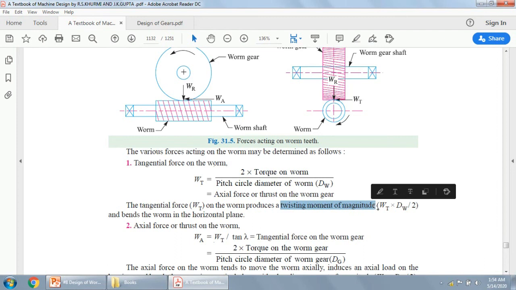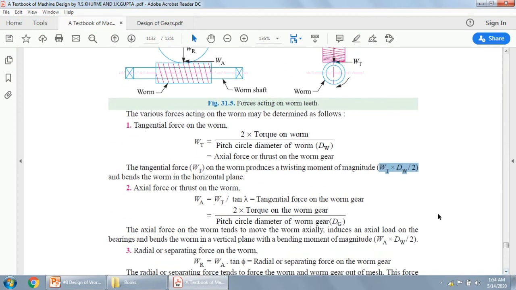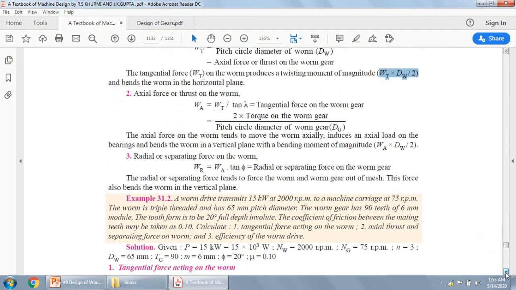Then the axial force WA, so we may also calculate the axial load, and then the radial or separating force on the worm will be equal to WA into tan phi. All these parameters will be clear to you when we proceed with some examples in the next class.